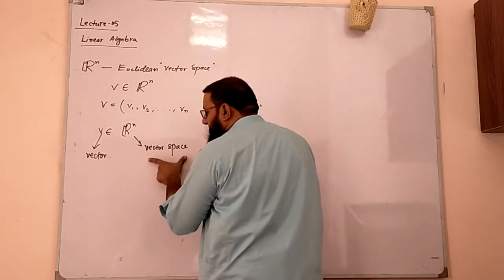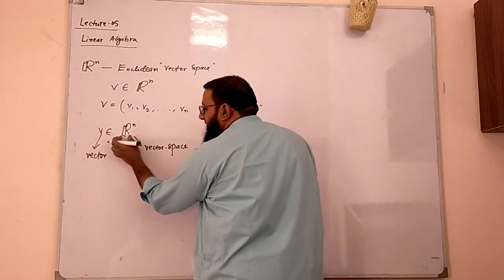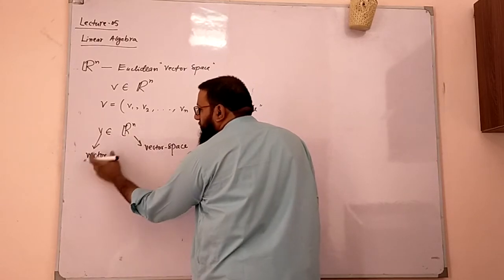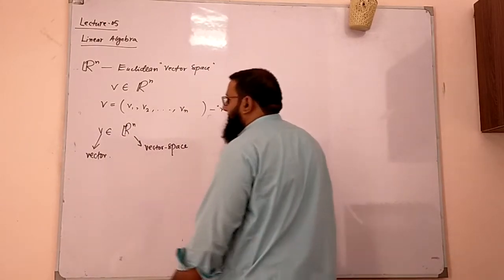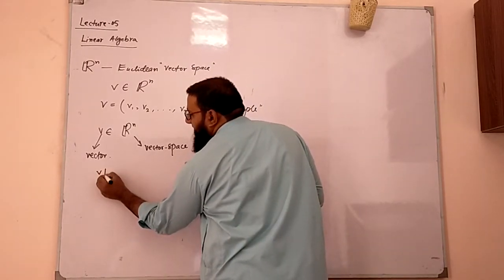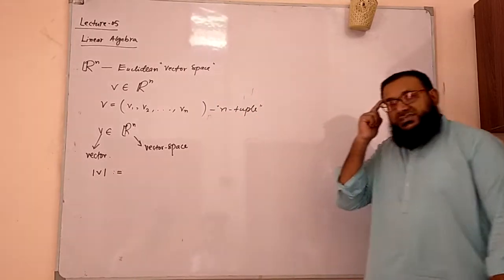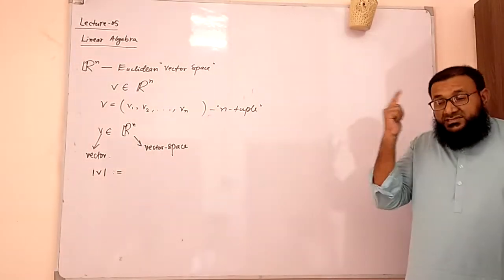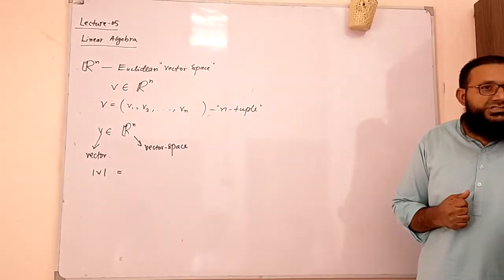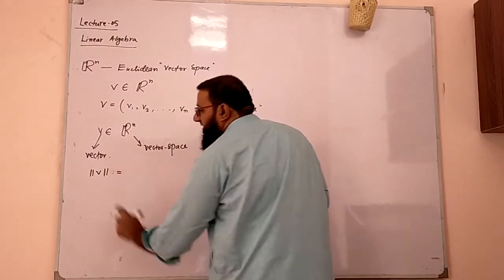So this is our vector space, and any element we pick from this particular set, we call a vector. Now what we can do is define: what is the length of this vector? Length is what we call the norm or magnitude, and sometimes we put 2 lines on either side.